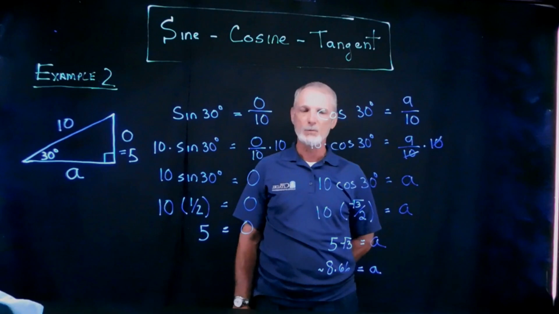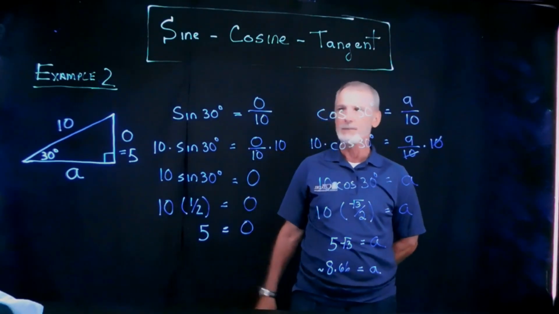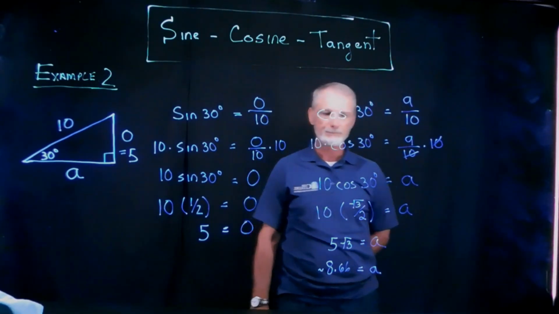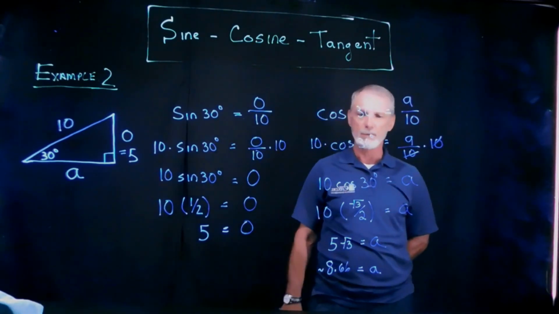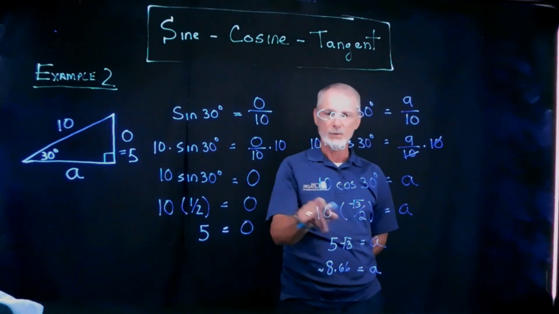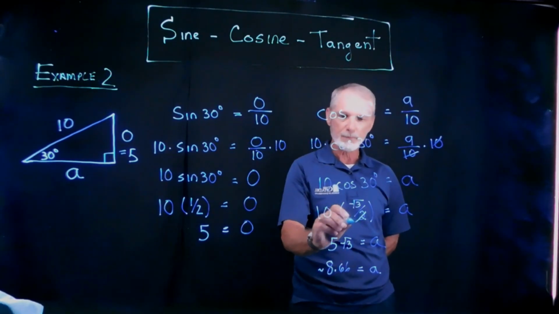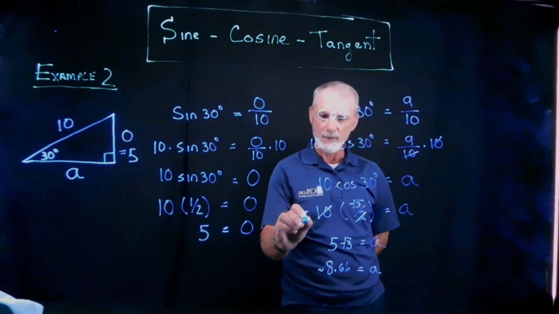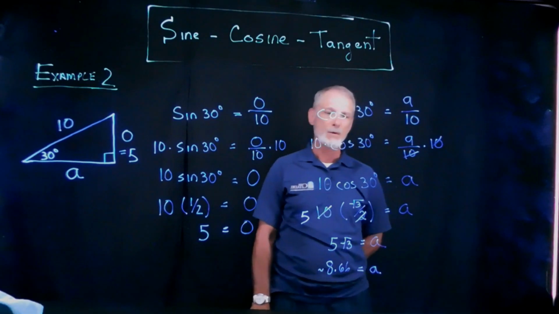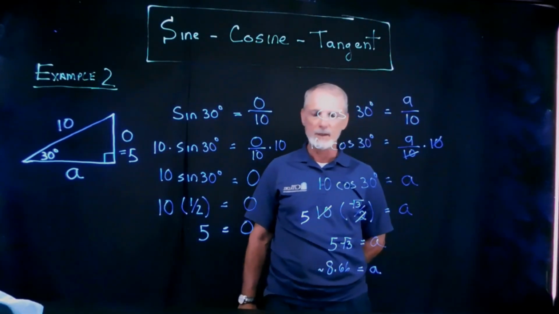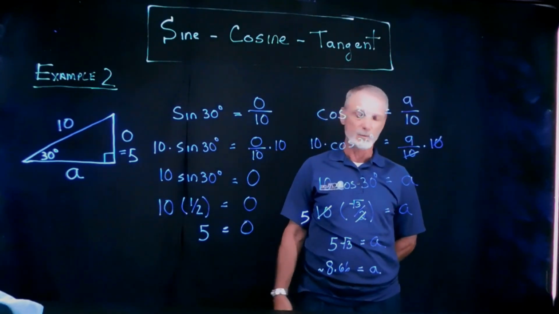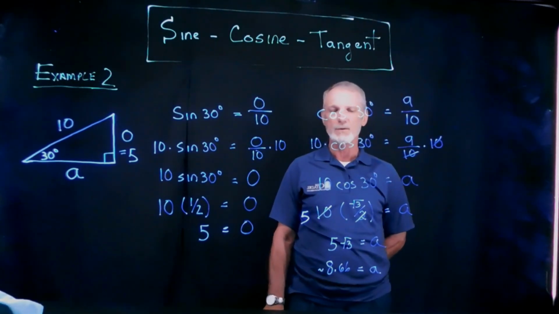And it's given by the square root of 3/2, which is about 0.866. So in this case, we get 10 times the square root of 3/2, and we can cancel out the 2 with the 10. Write this as a 5. So we get 5 times the square root of 3 is equal to A. And again, if you use your calculator, you can find that to be equal to about 8.66.